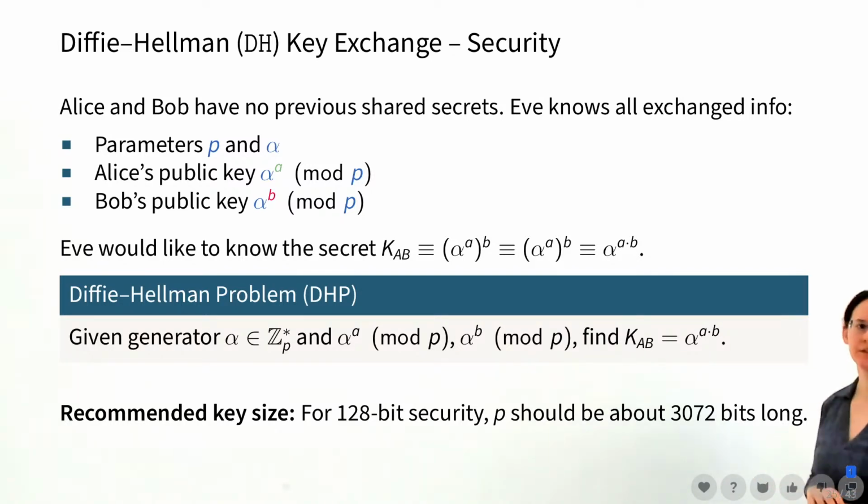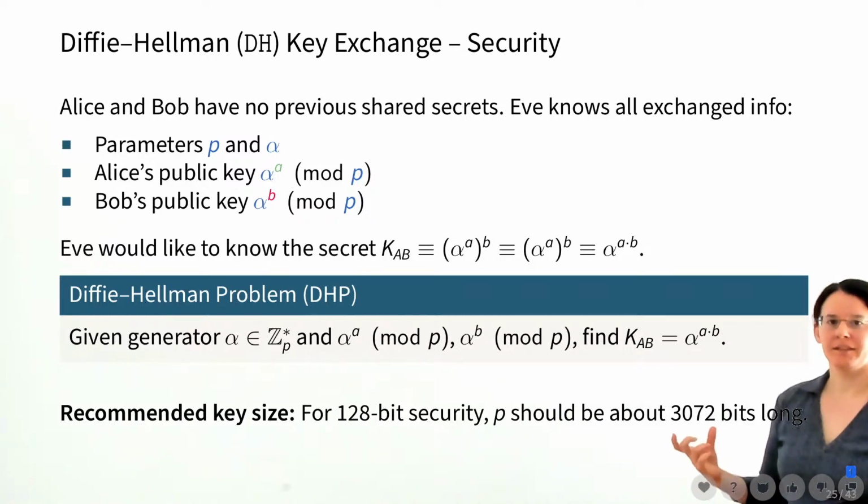The recommendation varies a bit, so some people will tell you 4,000 bits, some will tell you 3,000. Both should, according to current knowledge, correspond to a 128-bit security level against classical adversary, so without quantum computers. And the reason why this number is so much bigger than 128 is because of these sub-exponential algorithms.